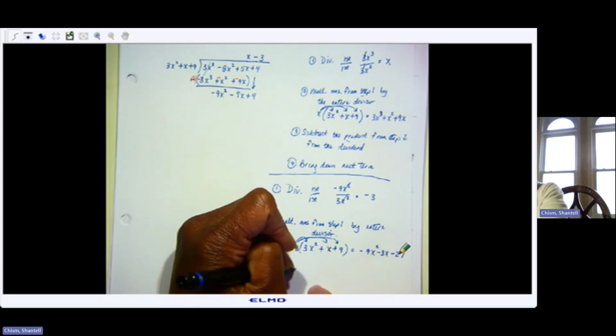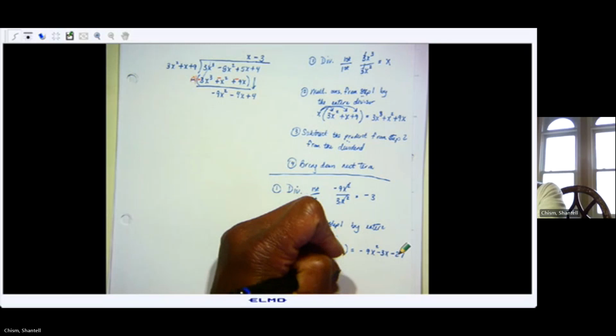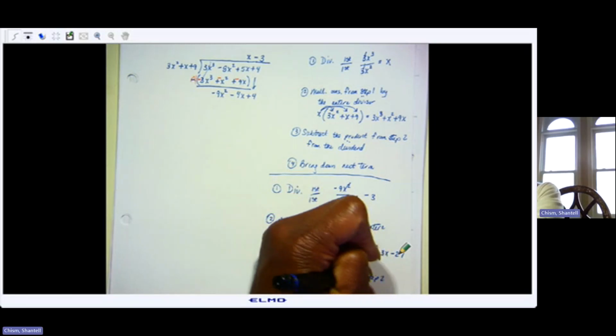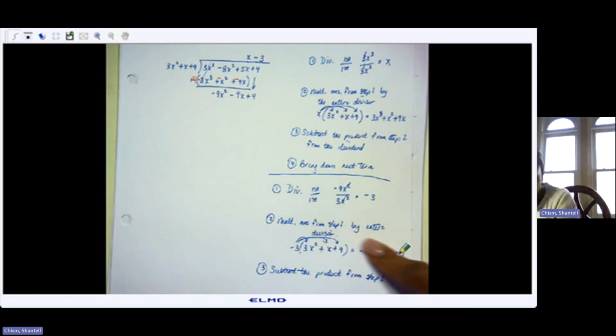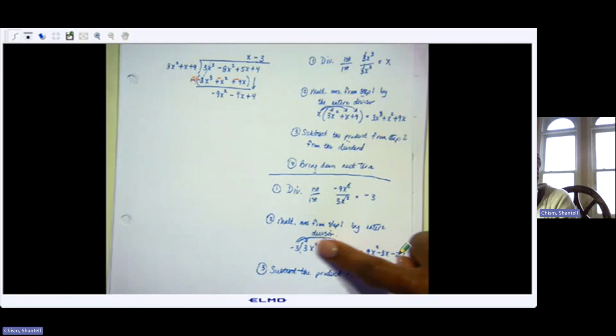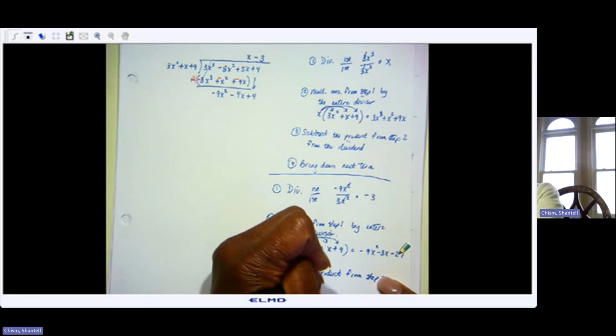So I'm going to subtract the product from step 2. And of course, we're talking about this step 2, okay? Because remember, whatever we did before is gone. We're ignoring that. We're talking about this step 2. So we're going to subtract the product from step 2, this right here, from the dividend.